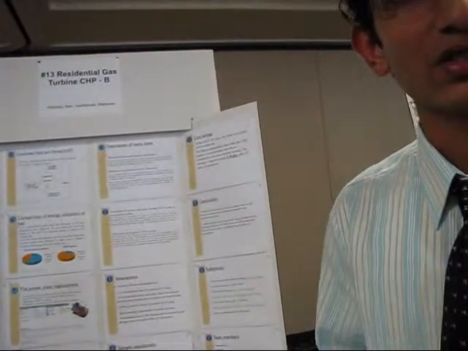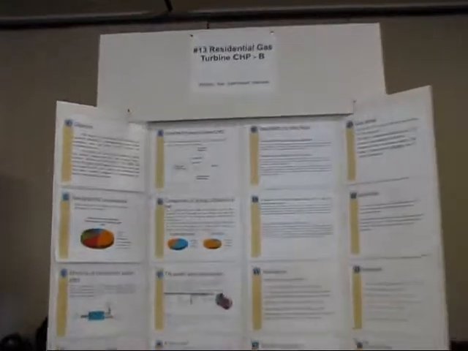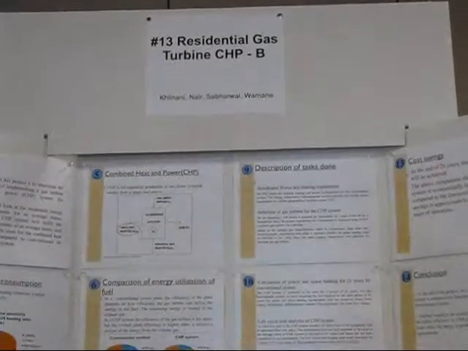We are here checking the economic feasibility of a combined heat and power system over the conventional system, where we take electricity from the grid and the space heating requirements are satisfied by natural gas fired furnaces installed at every house. Over here we are using the exhaust of the micro turbine for getting the space heating and water heating requirements.